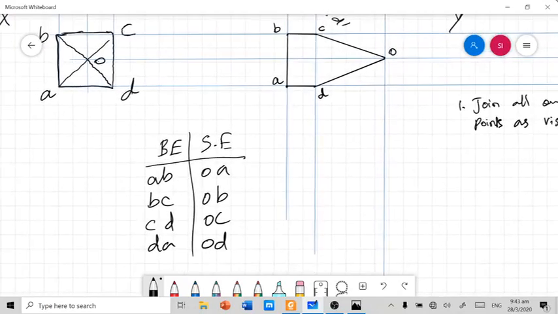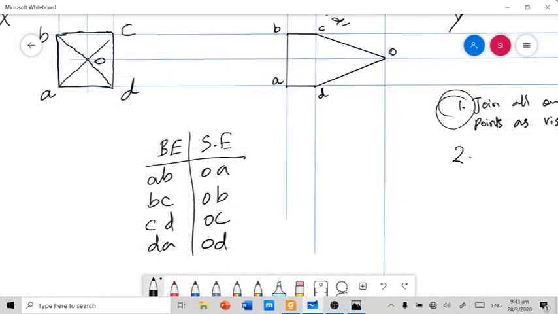So out of these 8 edges, by following the first rule, what are all the edges joined? You have to have the notes. The edge AB is joined, the edge BC joined, the edge CD not yet joined, edge DA is joined. In the case of side edges, the edge OA is not yet joined, edge OB not yet joined, OC joined, OD joined. So the edge CD in base edges and edges OA and OB in the side edges are not yet joined. Let's do further.